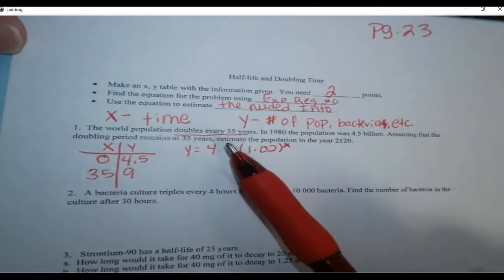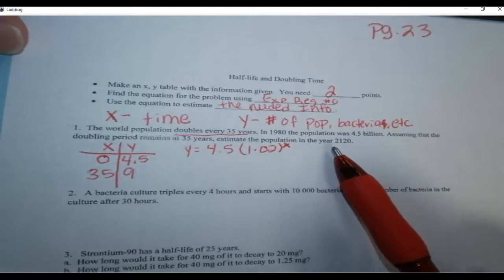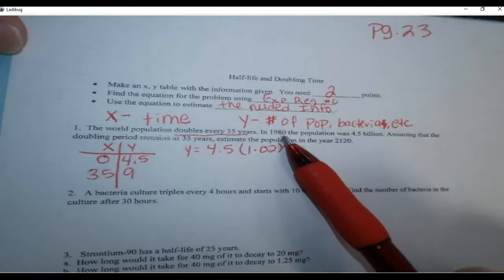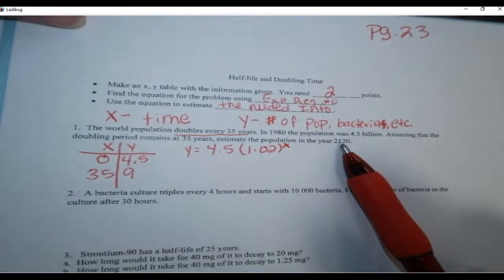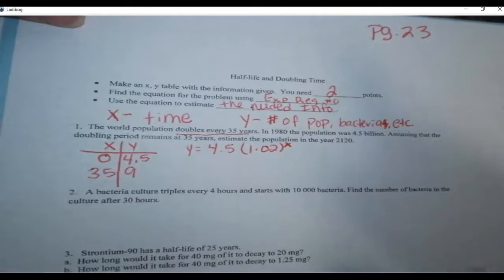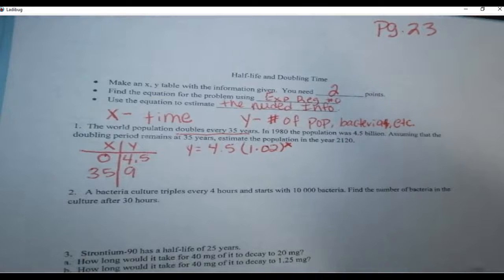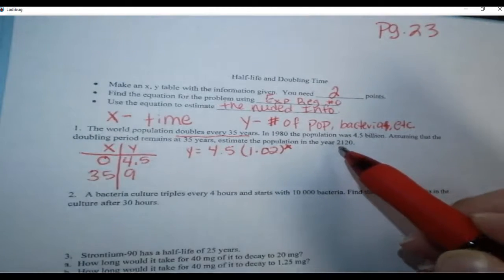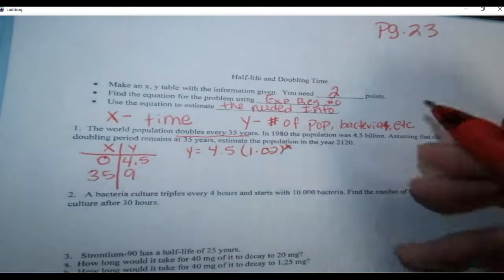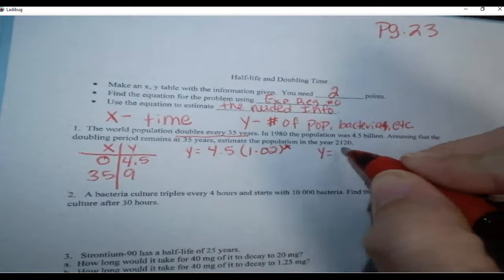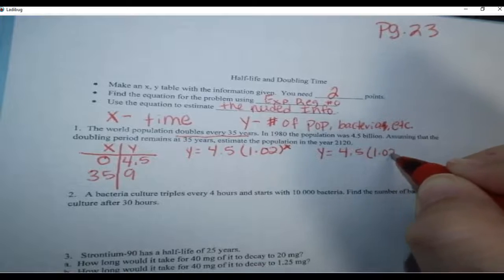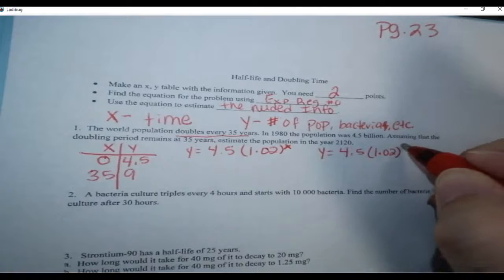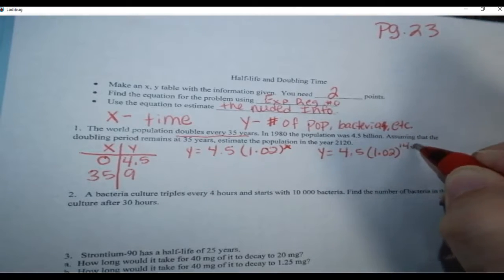So now we want to use this to estimate the population in the year 2120. Well, if my initial year was 1980, how many years later is 2120? 140. Good. So I'm going to take 140, which is years, and I'm going to plug it in for my x. So 4.5 times 1.02 to the 140.